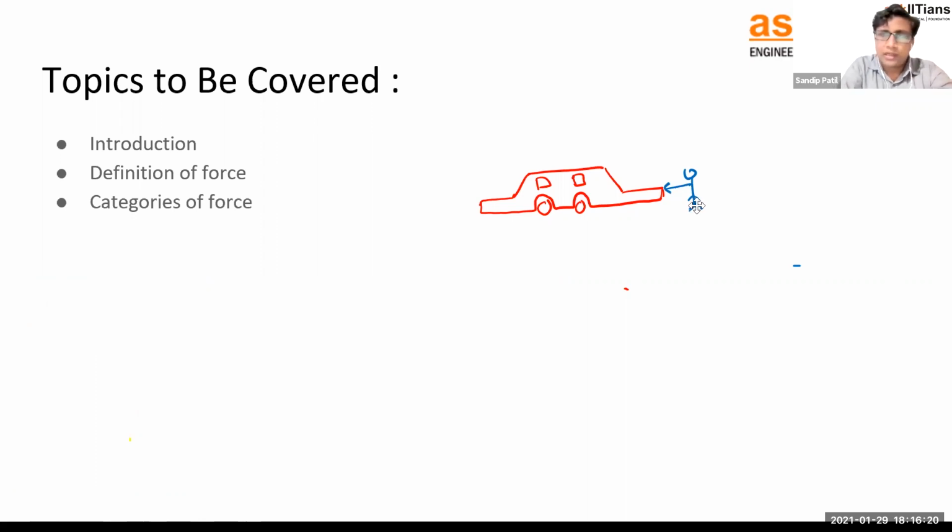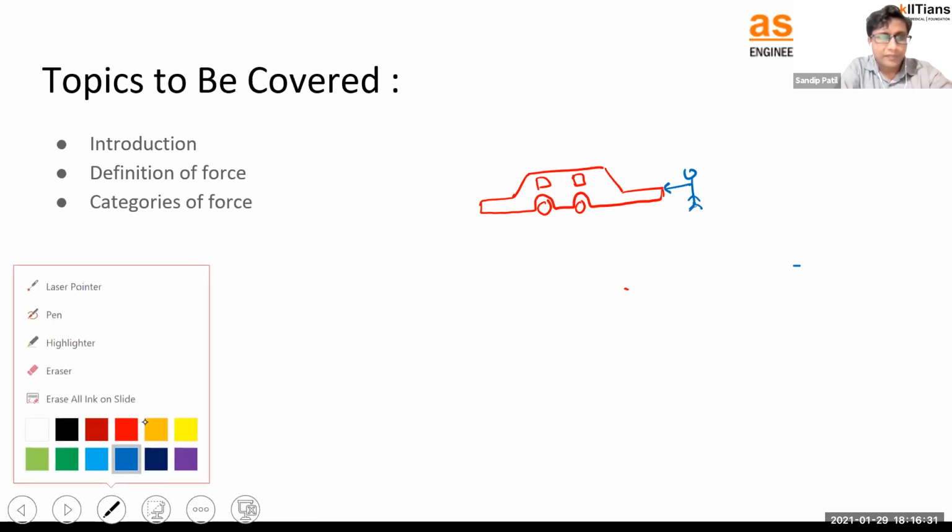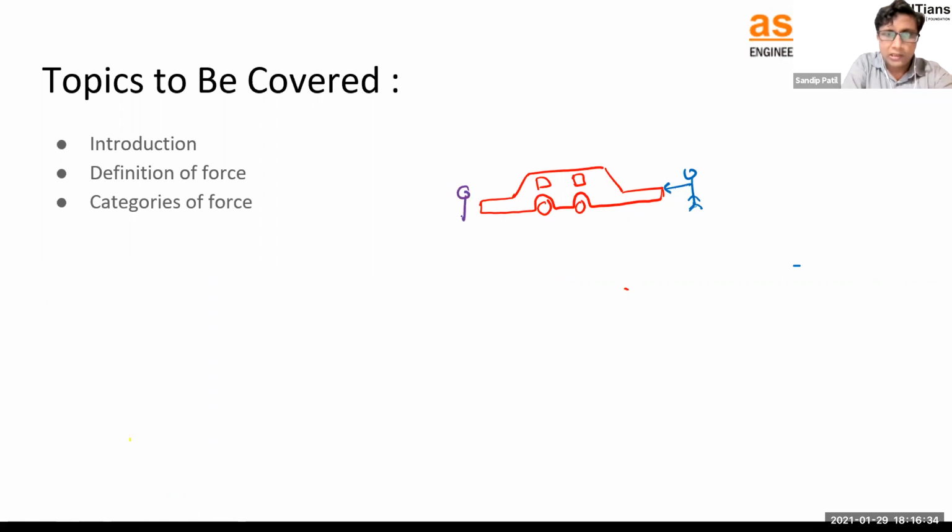But obviously the car is very heavy, so you also need to go out and help him, right? So as your father said, go and push the car. You came, let's say, from the other side, this side, and started pushing the car from this side, right? What will happen in this case?